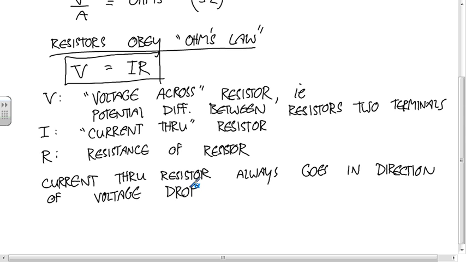So it always goes from the higher potential, from the terminal with the higher potential to the terminal with the lower potential. Okay.